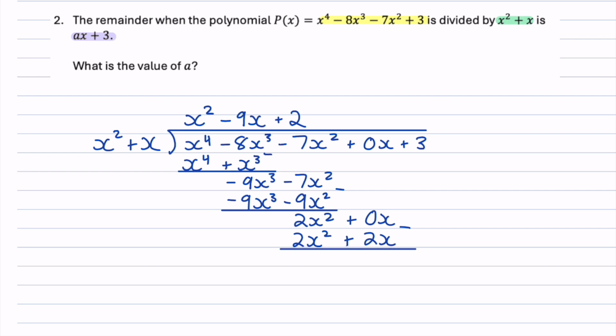So then I end up with minus 2x, and then I bring down the final term plus 3. And notice that this remainder is the same format as my ax plus b plus 3. So therefore, a will be equal to minus 2.